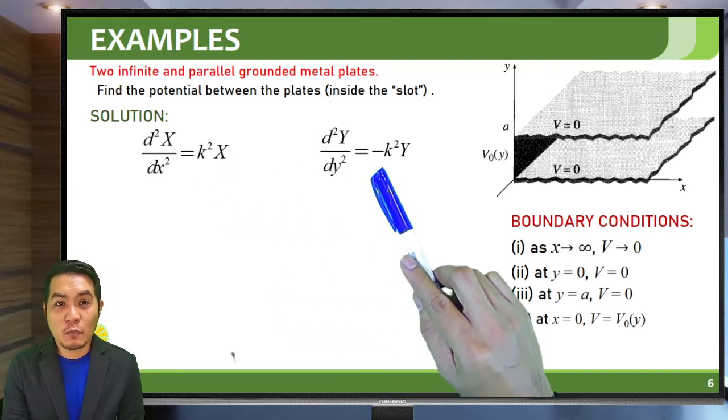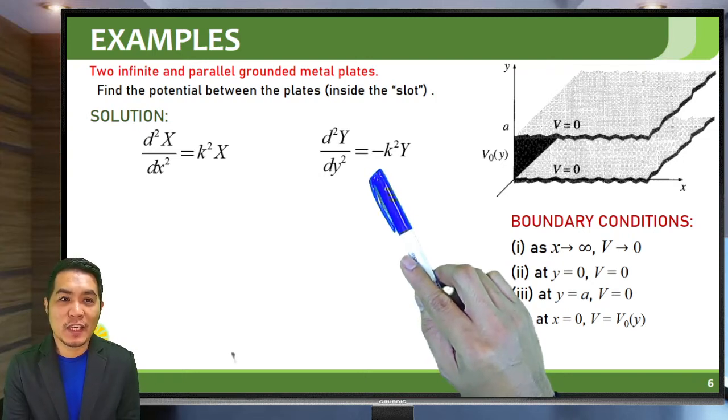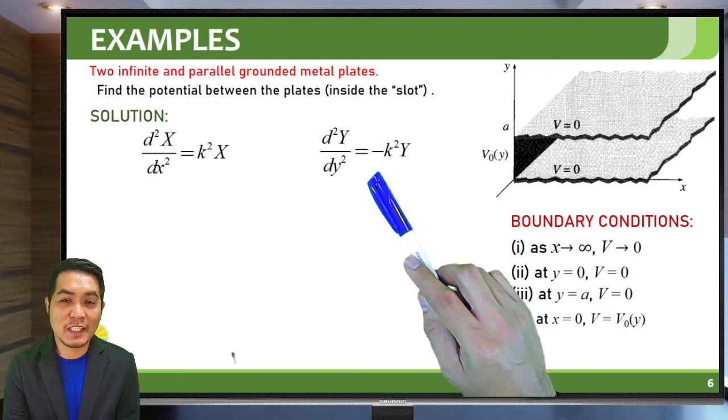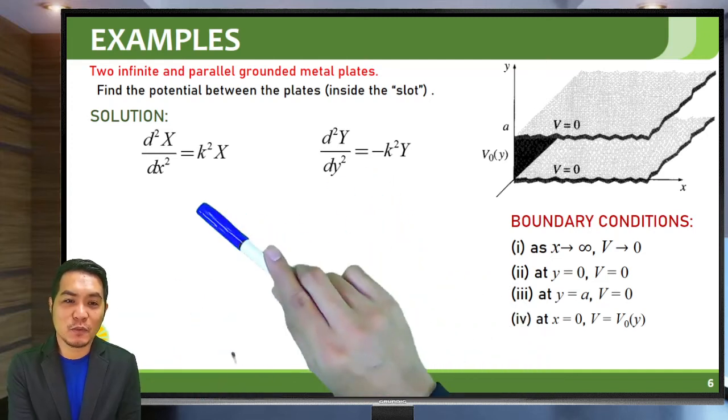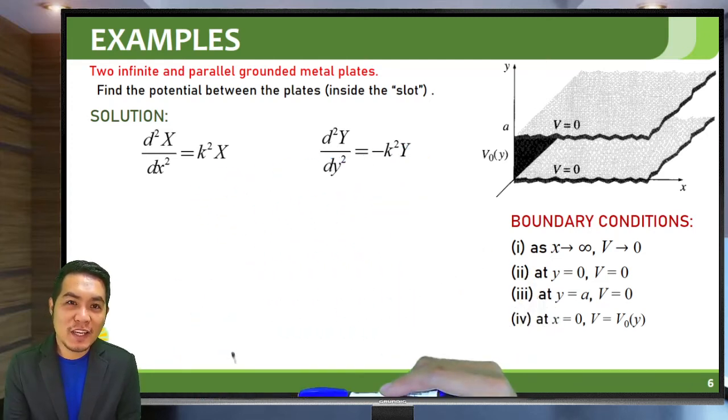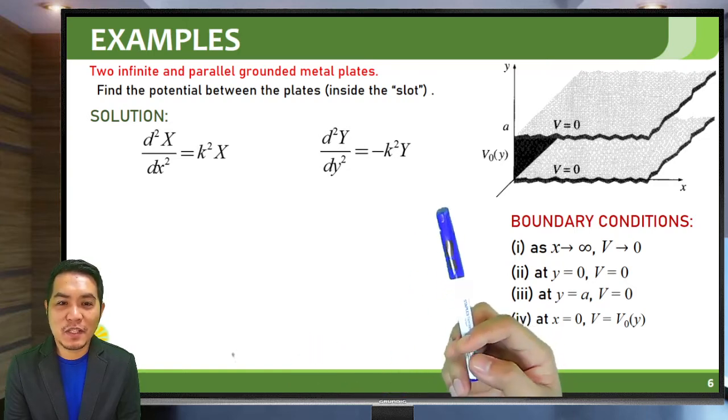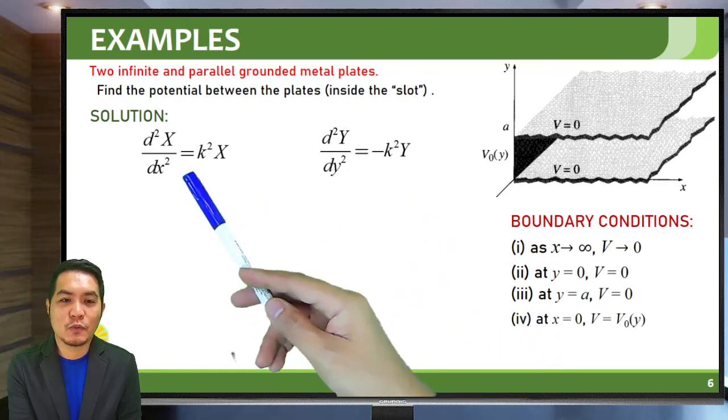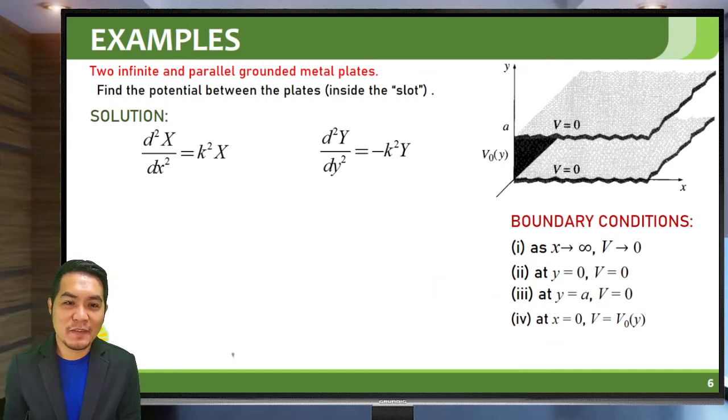This is what we mean by separable solution. In this case, a two-dimensional Laplace equation, we have separated a partial differential equation into two ordinary differential equations.